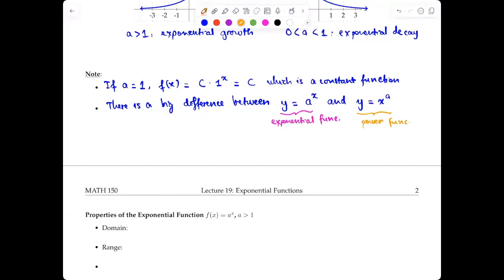Now the difference between these two functions: for the first one, the exponential function, the base is a constant and the exponent is a variable. So let me write that down. The base is a constant, and the exponent is a variable.